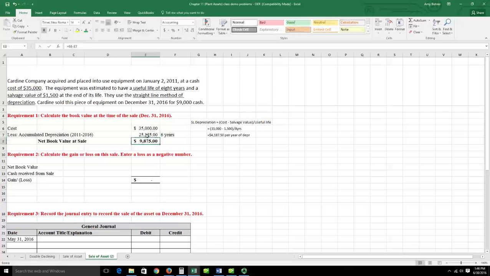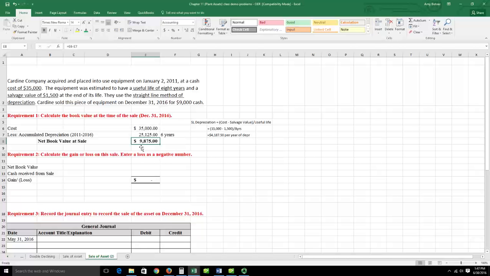So we would have debited depreciation expense and credited accumulated depreciation for $25,125 total. Or you can say it differently, $4,187.50 per year for 6 years. And so when you subtract that accumulated depreciation from your cost, you get net book value of $9,875. That's what we think this asset is worth at the end of 2016.